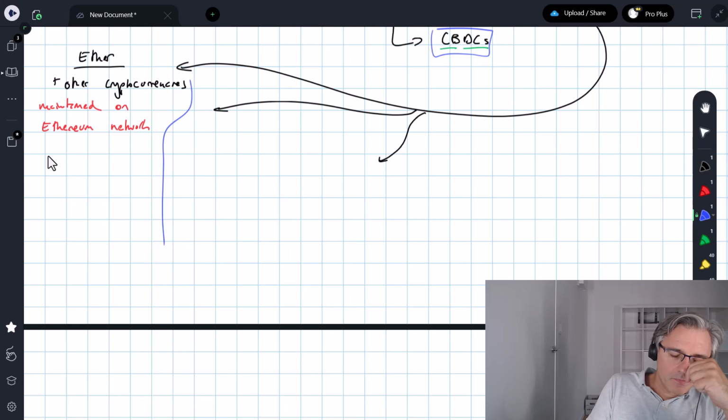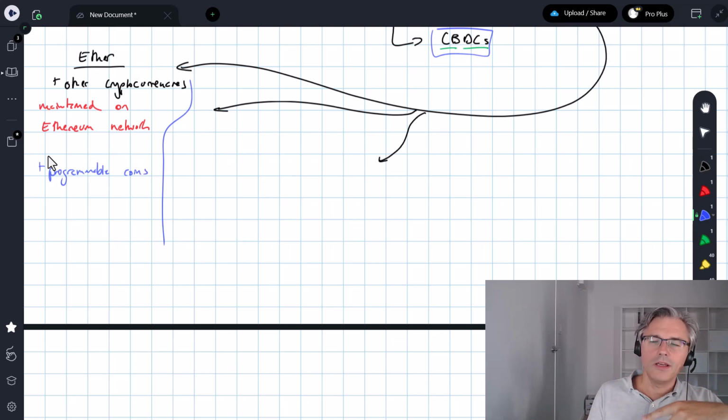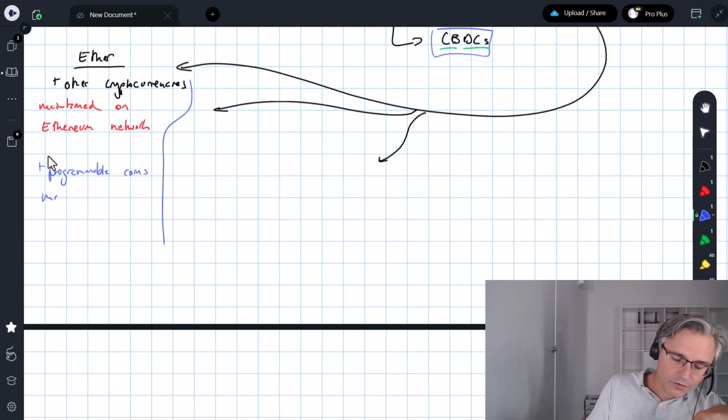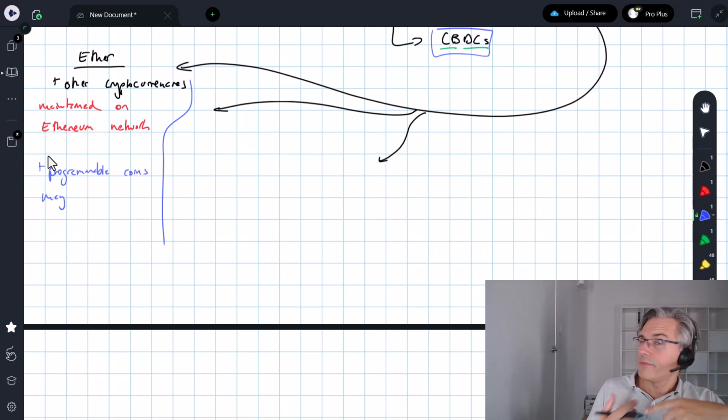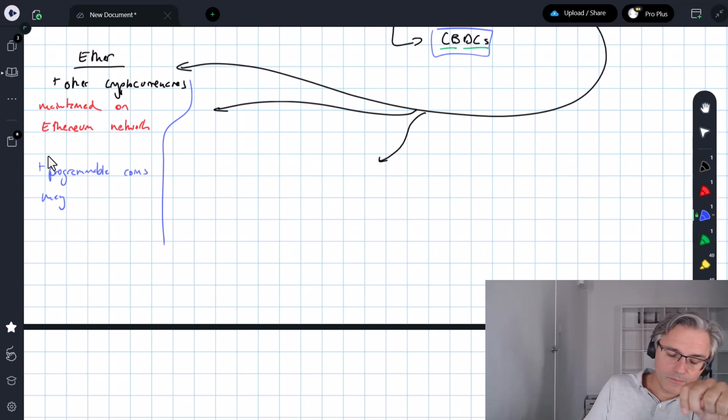So Ether plus other programmable coins, of which Ether is an example, can be used, because they're based on the blockchain, to construct smart contracts, which we mentioned in the previous video.